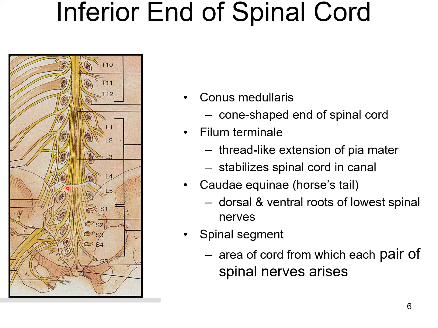We also have a structure that is not seen very clearly here, the filum terminale. Once the conus medullaris comes to a point, the pia mater continues as a strand and anchors the spinal cord all the way to the coccyx. Again, it's not shown very clearly on this artist's rendition. So these are the surprising anatomical aspects of the spinal cord.